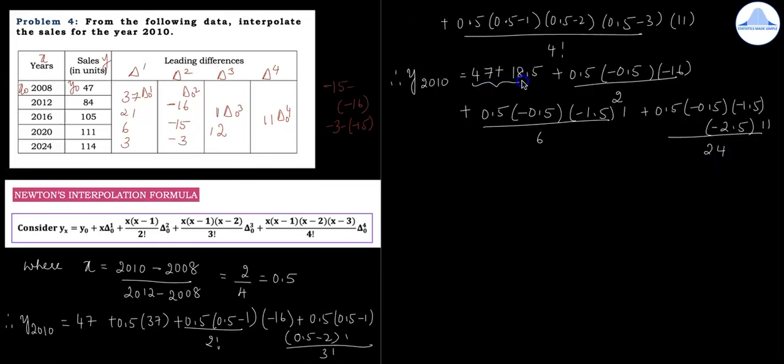So then we can add 47 and 18.5. So you'll get 65.5.